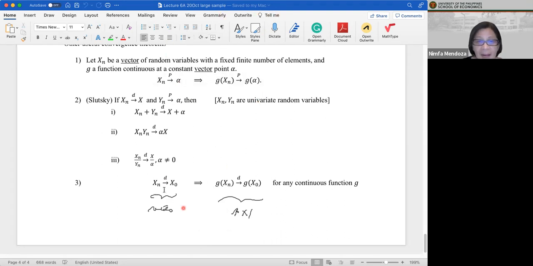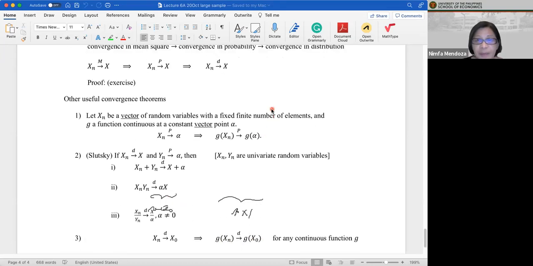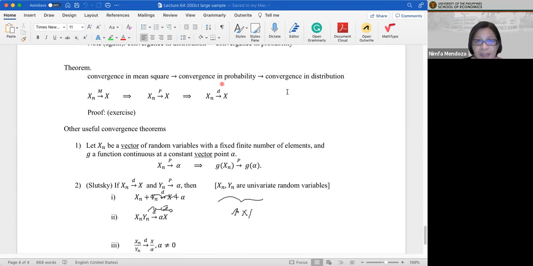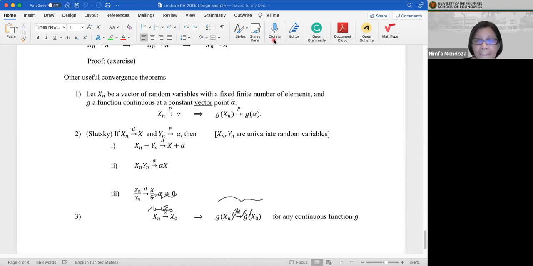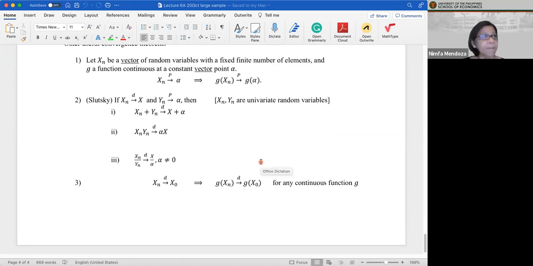Intuitively, this follows because of this result: convergence in probability implies convergence in distribution. Any questions there?